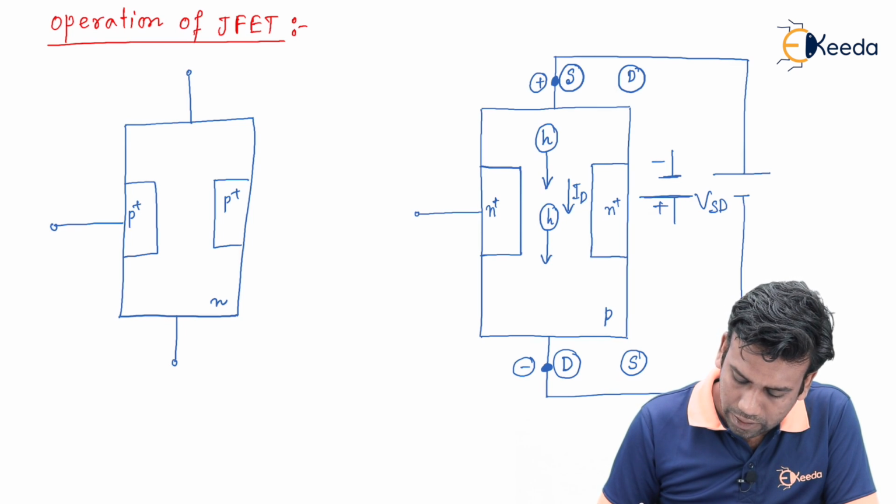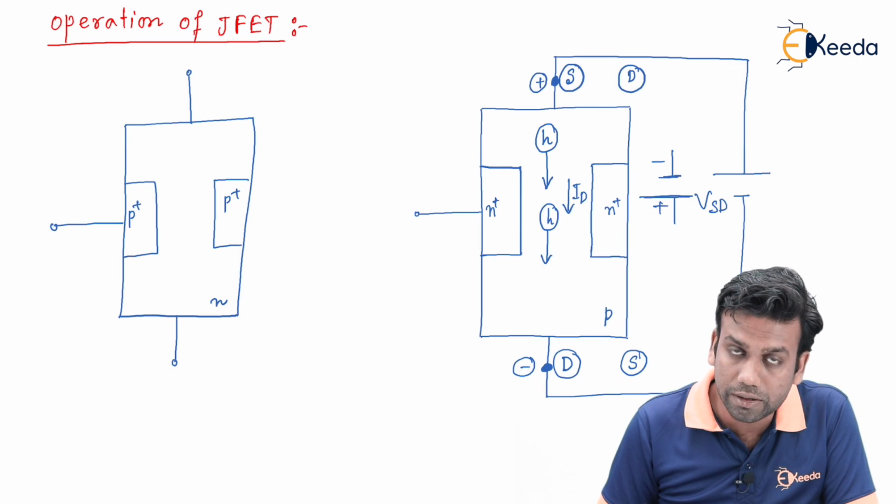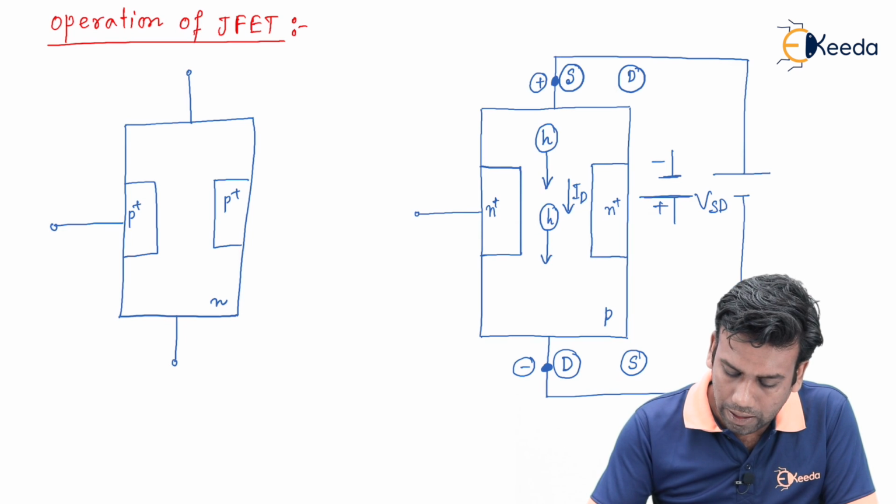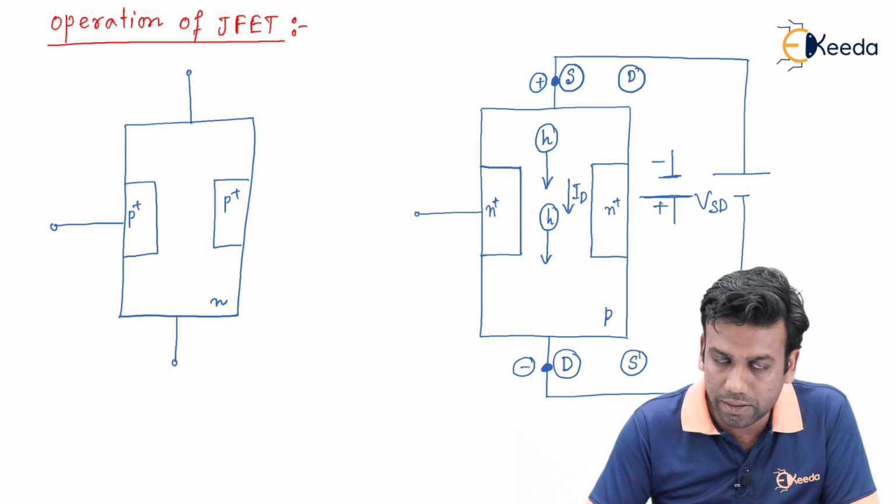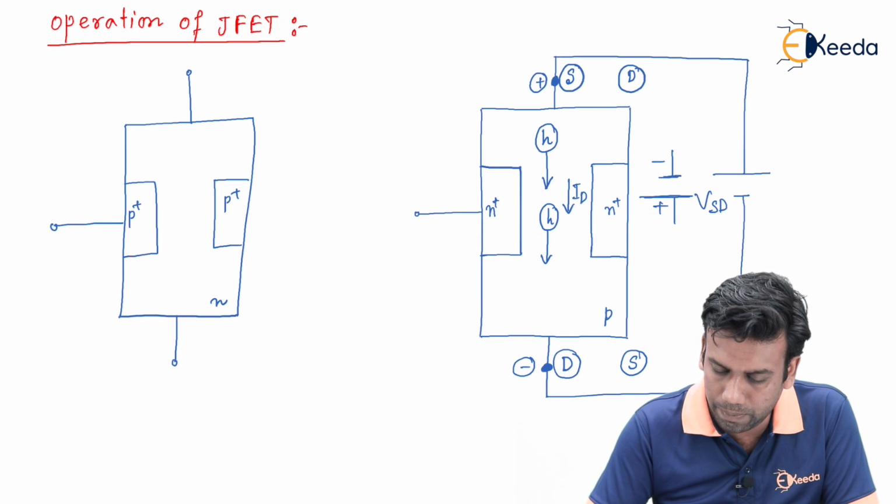That means the down terminal is called the source and the up terminal will be called the drain. So we can see that the source and the drain terminal can be interchangeable depending on the applied voltage.